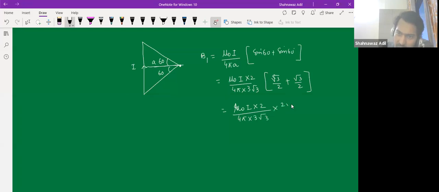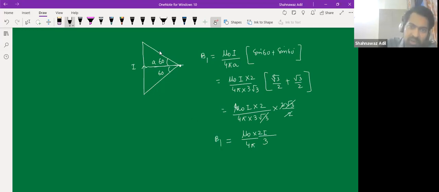This is 2 root 3 by 2. This one cancels, root 3 cancels, and mu naught by 4 pi, and 2I divided by 3. This is the value that I'm getting, right?